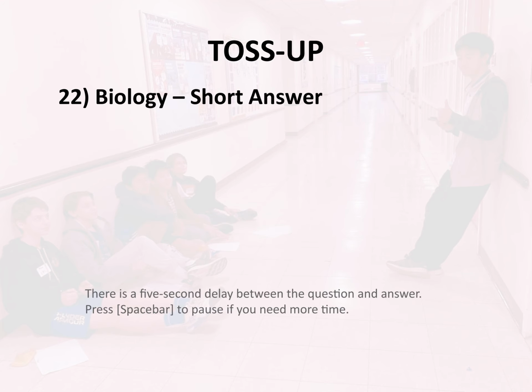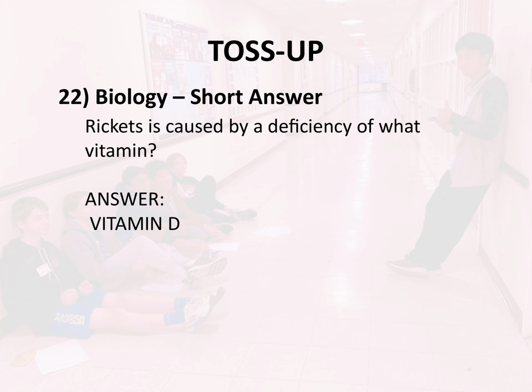Toss-up 22. Biology, short answer. Rickets is caused by a deficiency of what vitamin? Answer: Vitamin D.